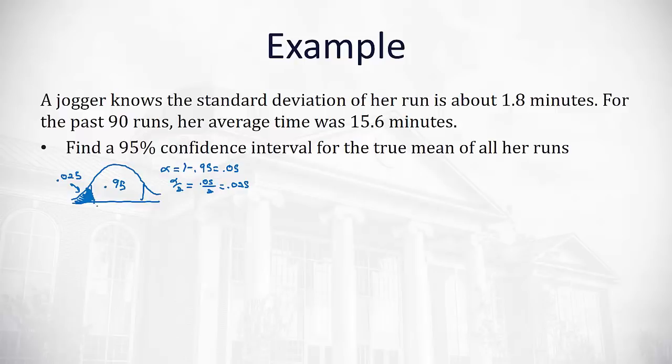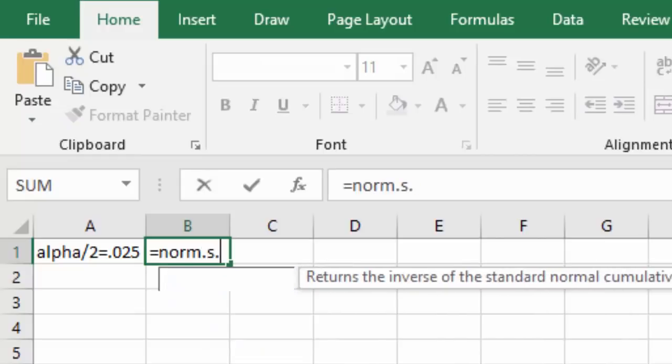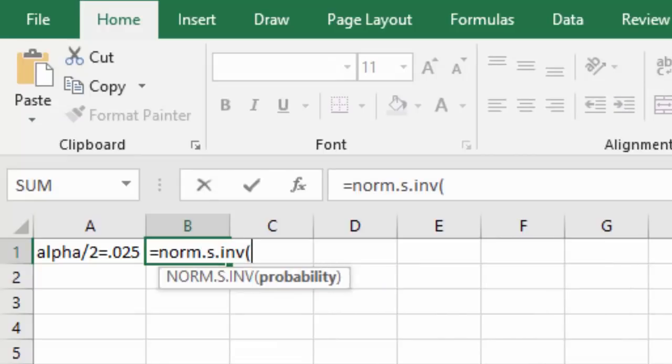We already know the area. We need to find the z sub c's that go with it. For that, we're going to go to Excel. We want our alpha divided by 2 to be 0.025. So we'll say equals norm.s.inverse, and then type in that probability of 0.025.